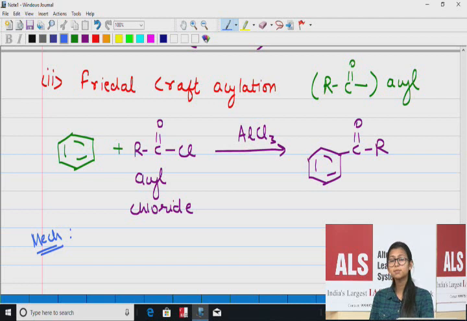Okay, can you people tell me which is the electrophile here now? Which group will be the electrophile? Tell me.